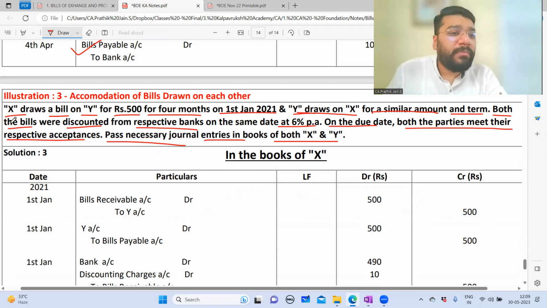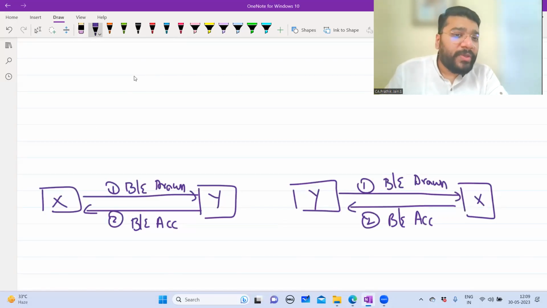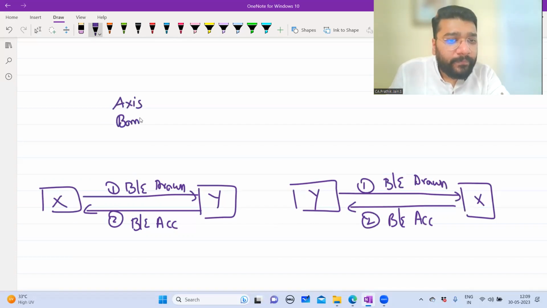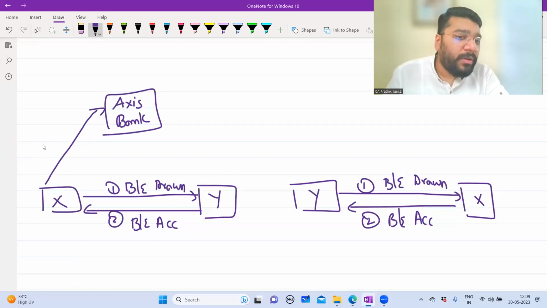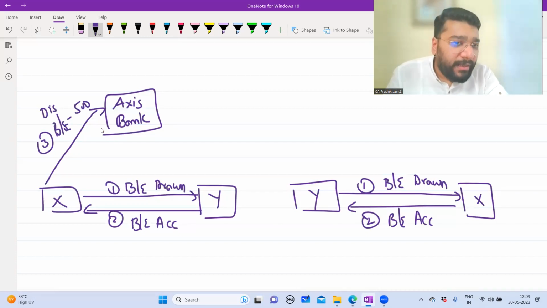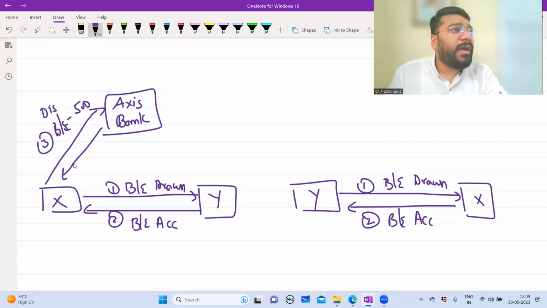Now both of them discounted these bills with the respective banks. So X will go to his banker. Let's say X has an account in Axis Bank. X will go to Axis Bank and hand over the bill of exchange worth 500, discounting it. In return, he gets money after discount.